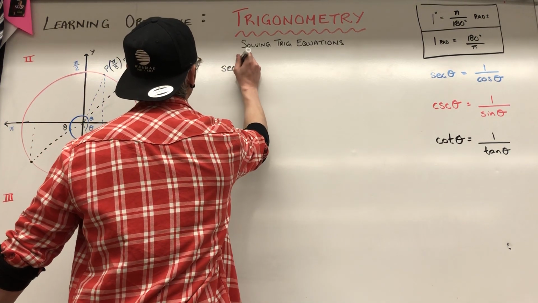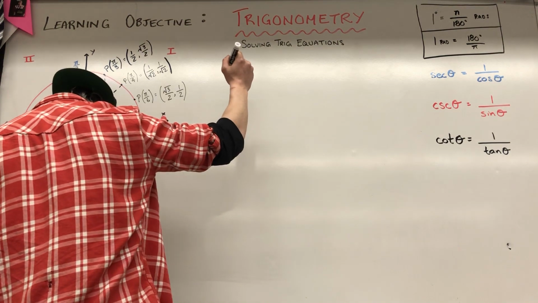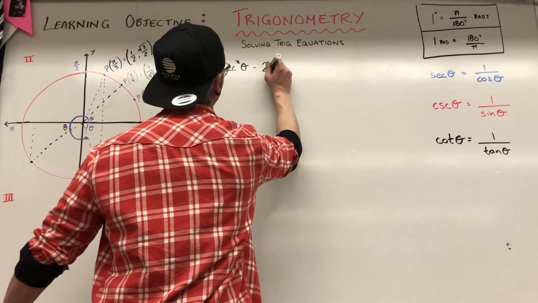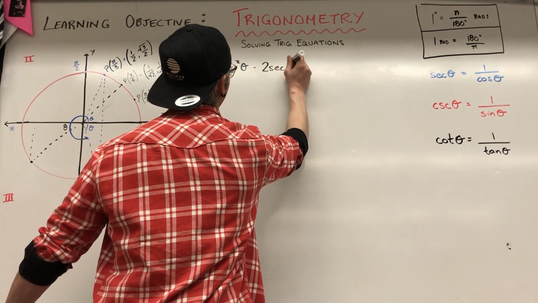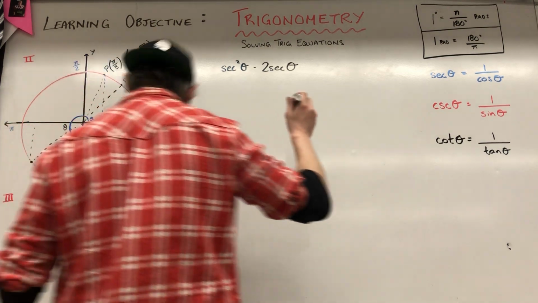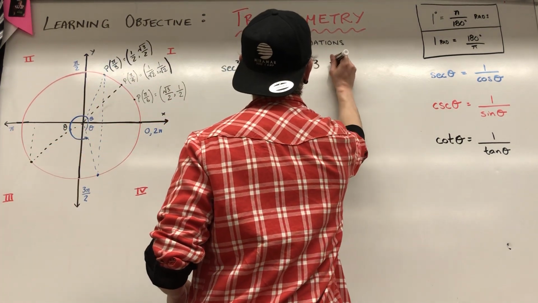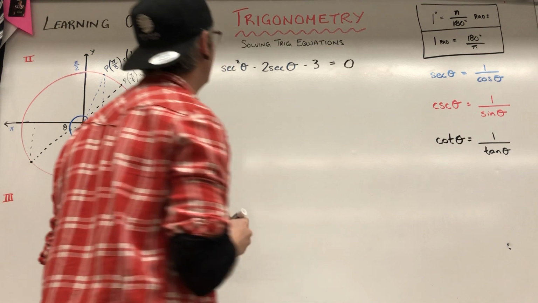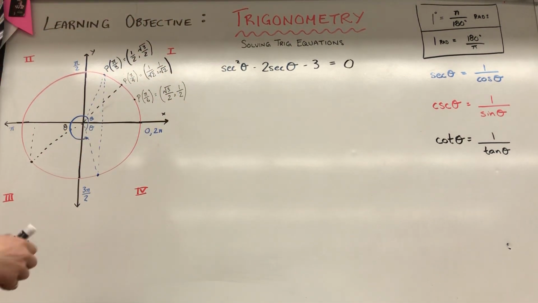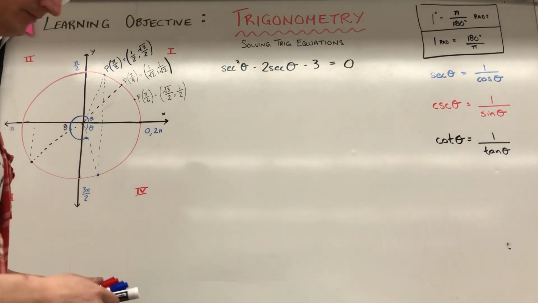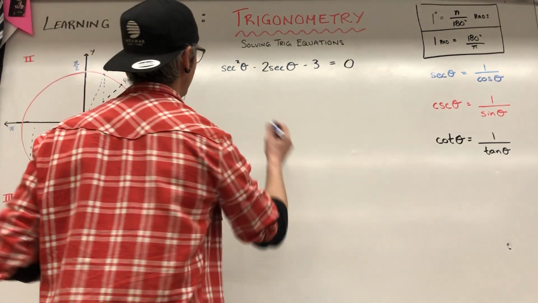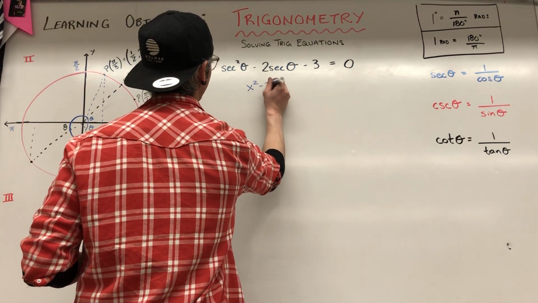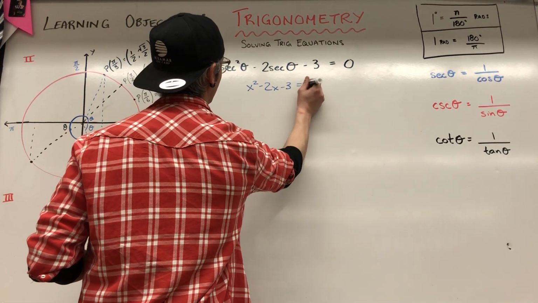Secant squared theta minus 2 secant theta minus 3 equals 0. Okay, I got a trinomial. So, just to make it easier for me to see, x squared minus 2x minus 3 equals 0.